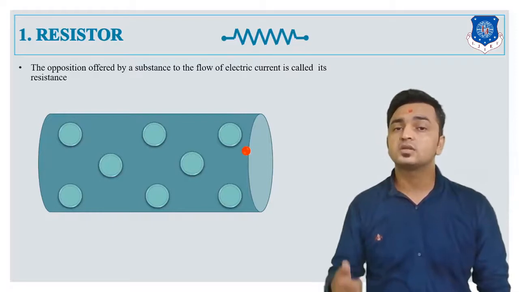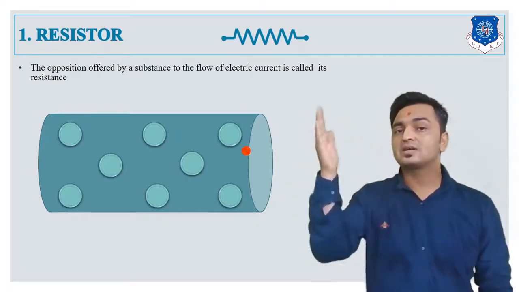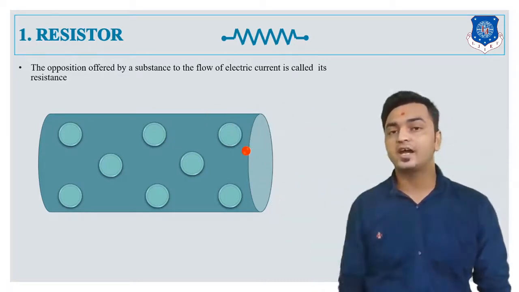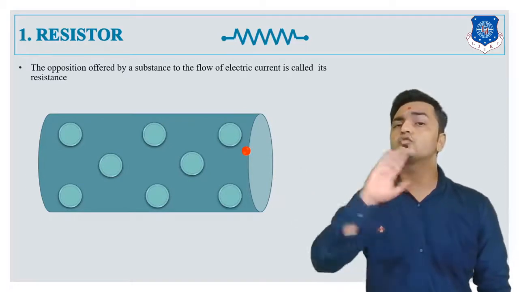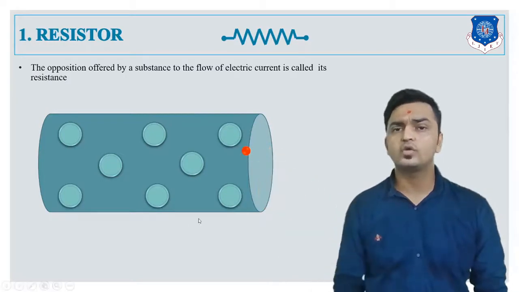Because of that, this electron will move from its current place to the other end of the conductor, but it will not move smoothly through the body. Why? Let's see.